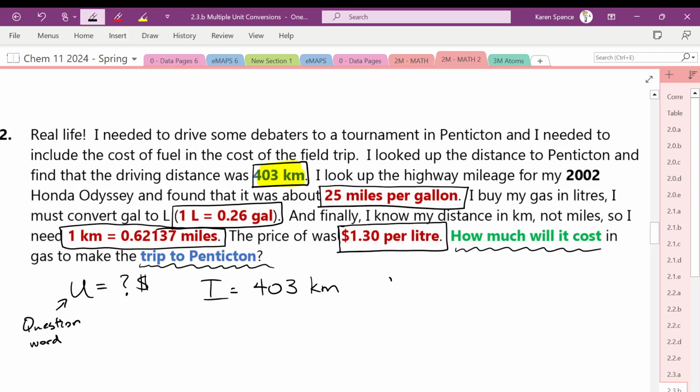So I'm going to just write them all down. Conversion factor 1. I'm given 25 miles per gallon. So 25, I'm going to write MI for miles and gal for gallon. Conversion factor 2, I am given that 1 liter is equal to 0.26 gallons.